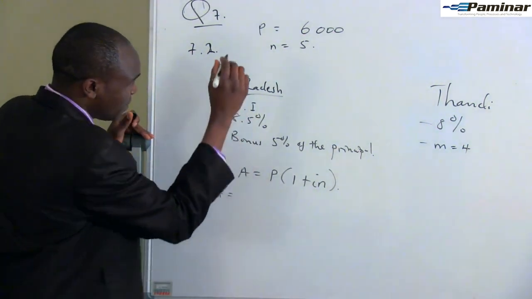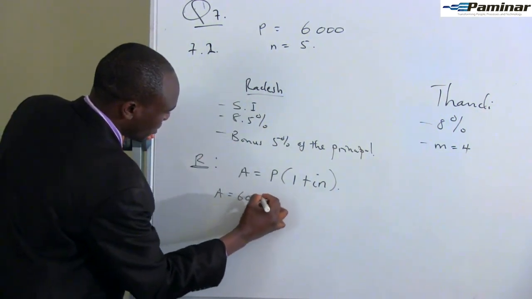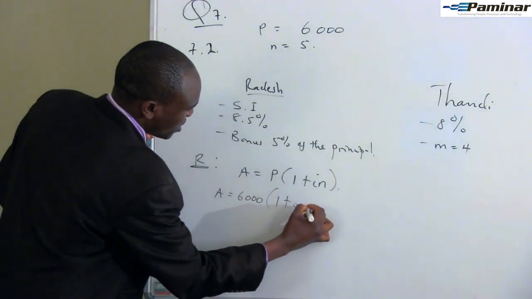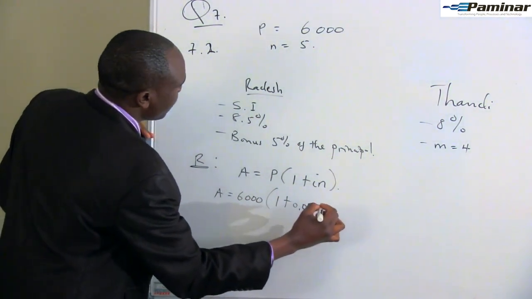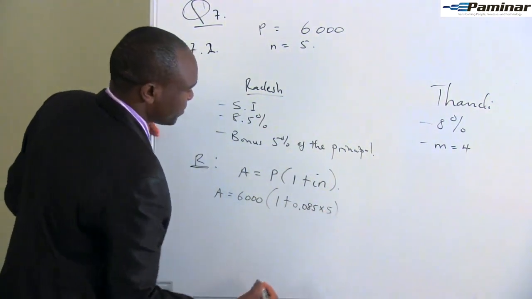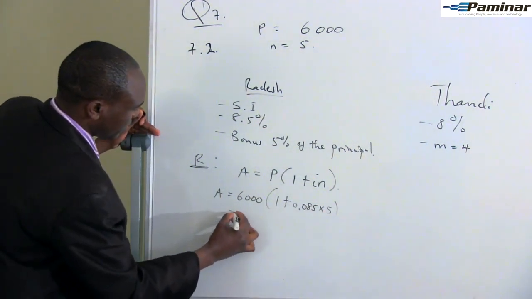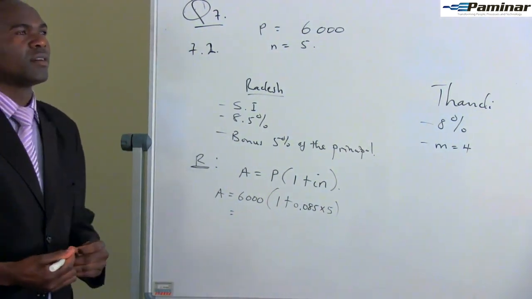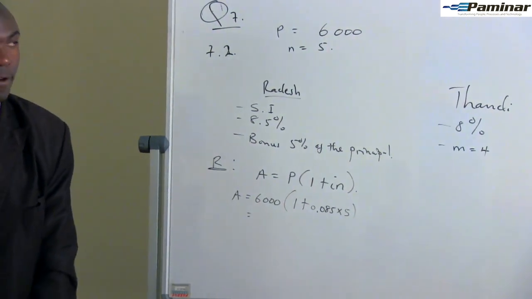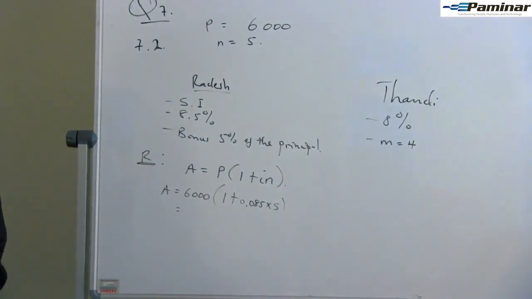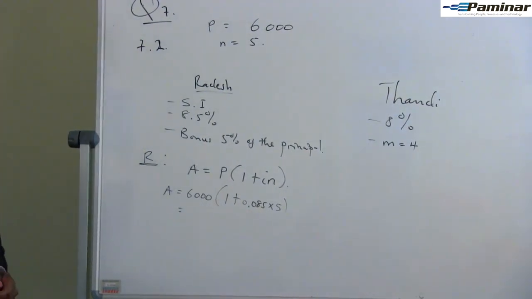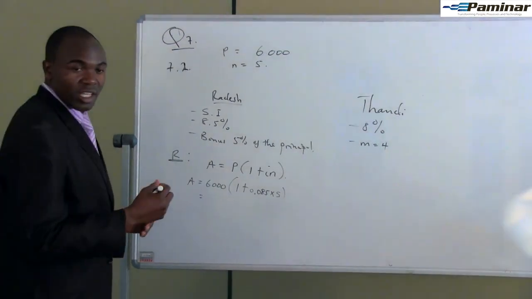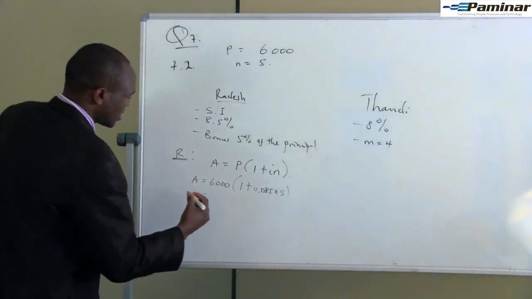P now is 6,000. 1 plus, what is our i? 0.085 times N, 5 years. What is the answer there?